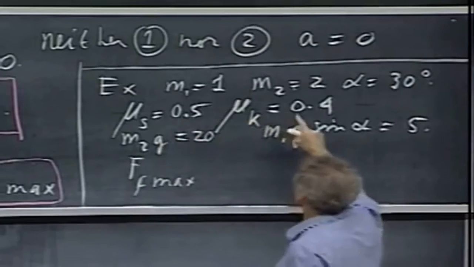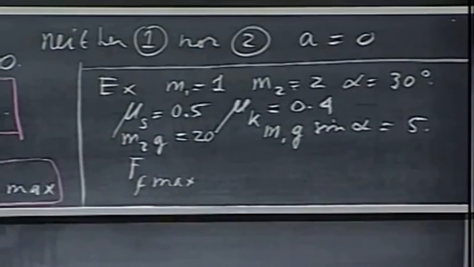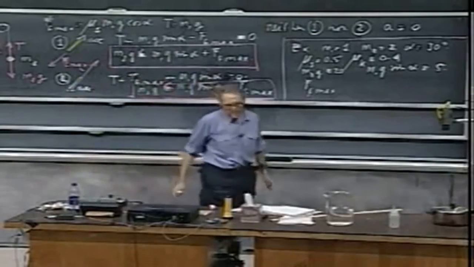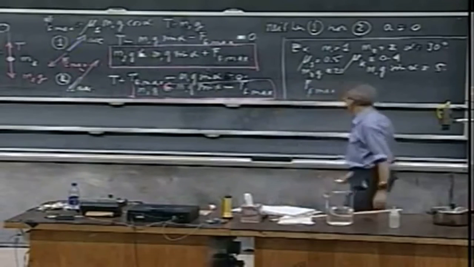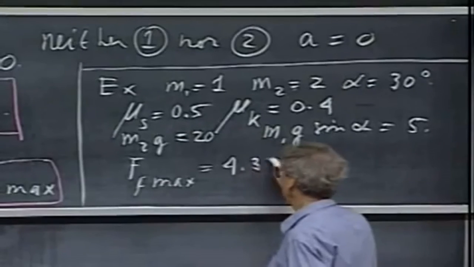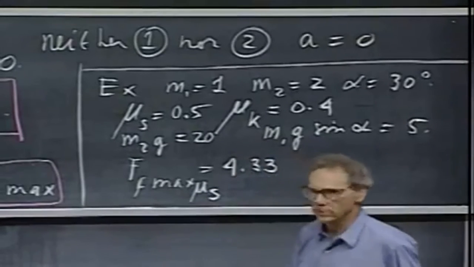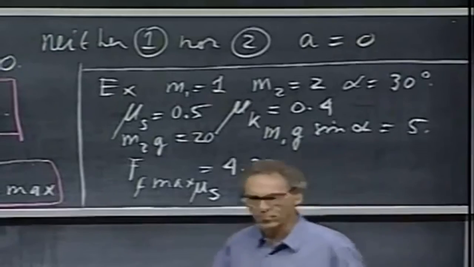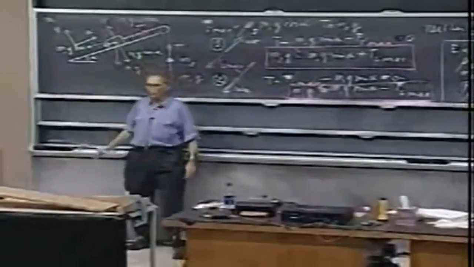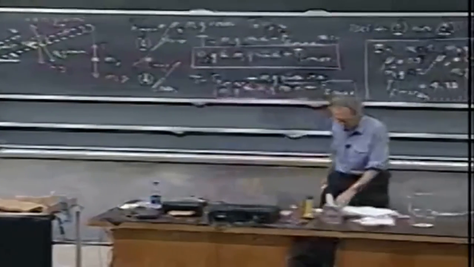I have to use for my friction coefficient 0.5. I have to use for m1g here a 10 and have the cosine of 30 degrees. And what I find, you have to take my word for it, is about 4.33. I want to remind you, I have used the static friction coefficient, and this is in newtons. I never put a capital N for newtons because that is very confusing with the normal force. All my units are always in SI units, so the force is always in newtons.